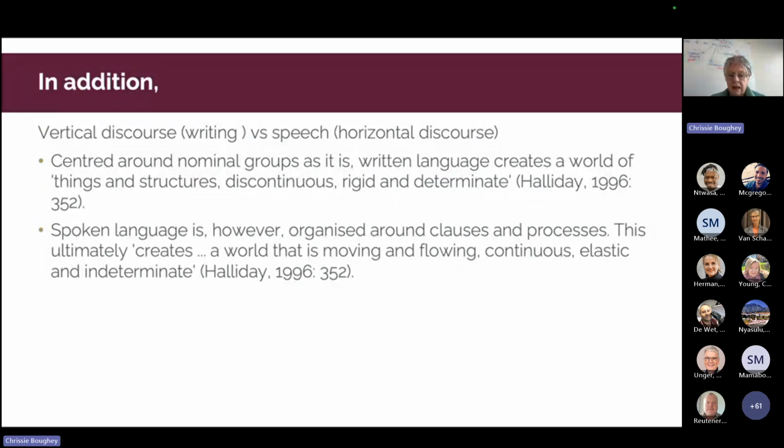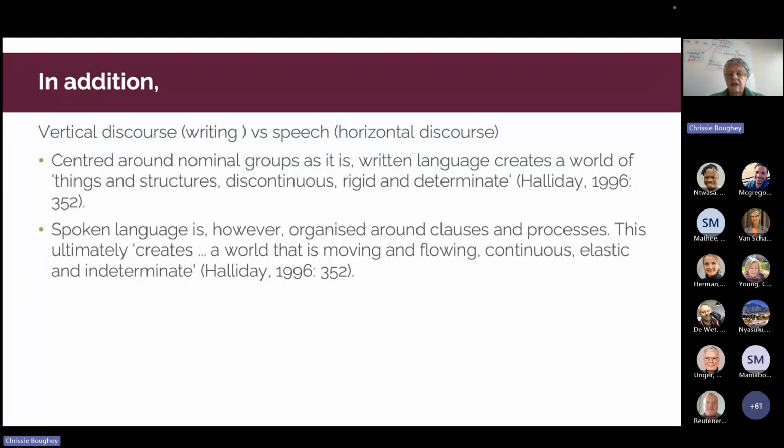Okay, one last thing about this kind of knowledge that we value in the university. And I said previously that vertical discourse draws on writing versus horizontal discourse. The first bit isn't very well expressed there. Horizontal discourse draws on speech.